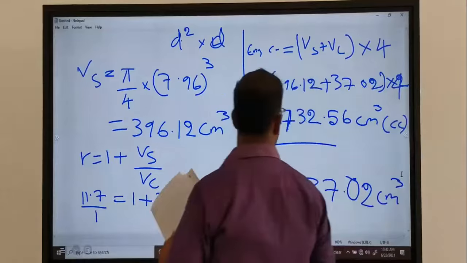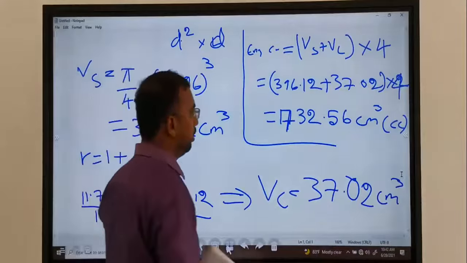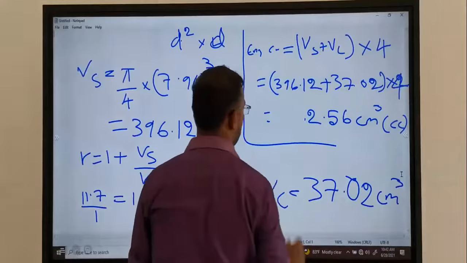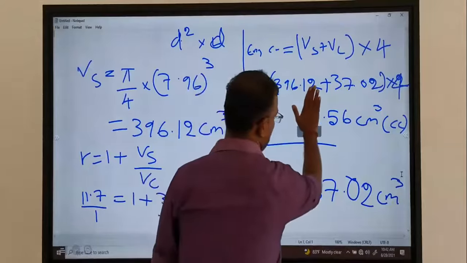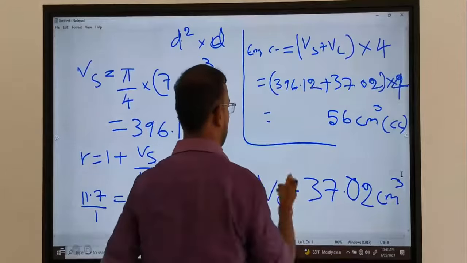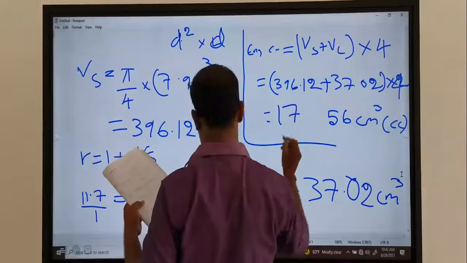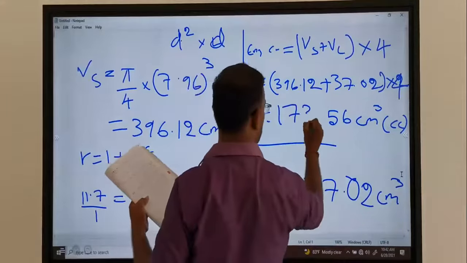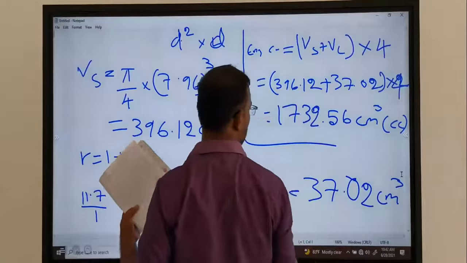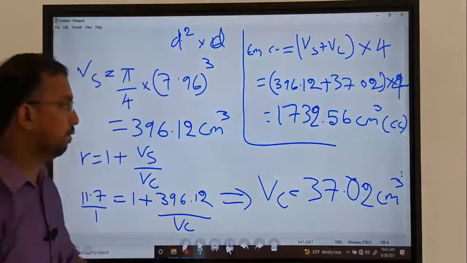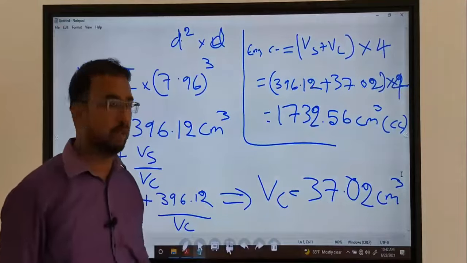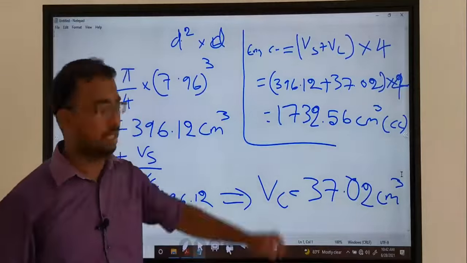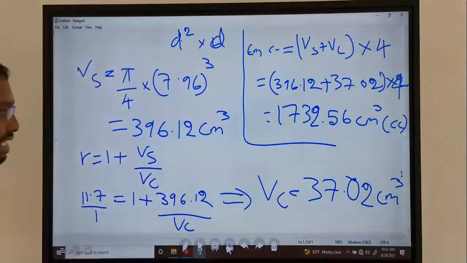Okay. 1732.5. So we can say this engine has around 1700 cc.